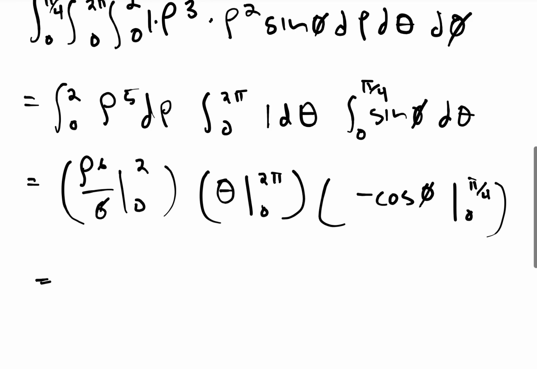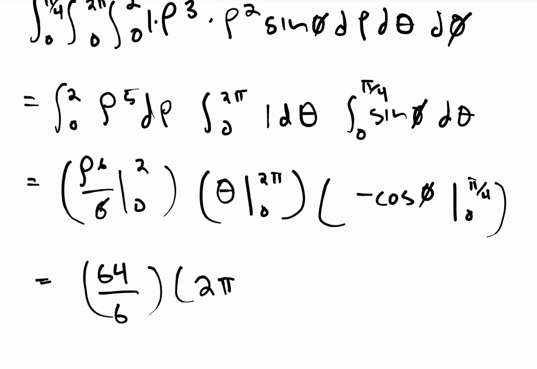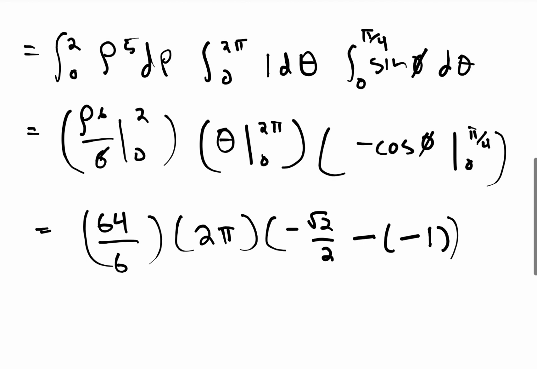That's 64 over 6 minus 0 times 2 pi minus 0. Here I've basically got minus root 2 over 2 minus a negative 1. Okay, so I'll worry not about this simplification here. Hopefully you guys get the point of the integration.